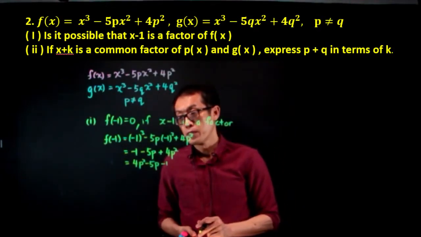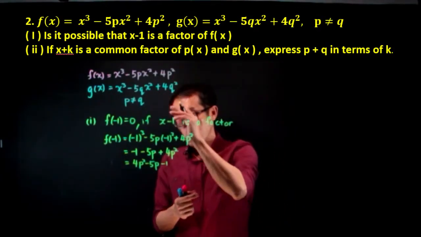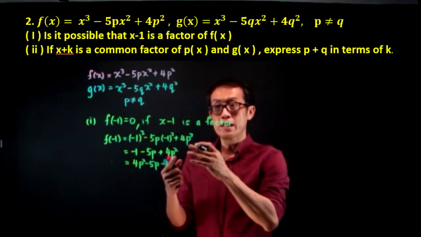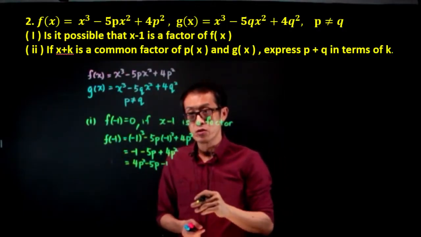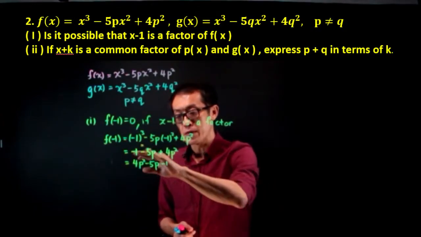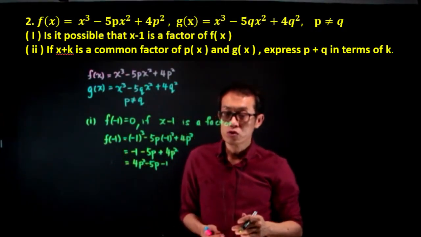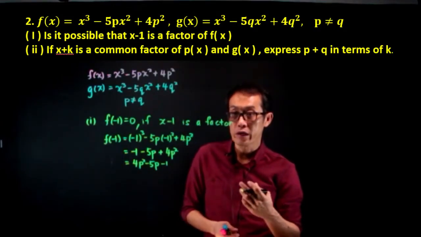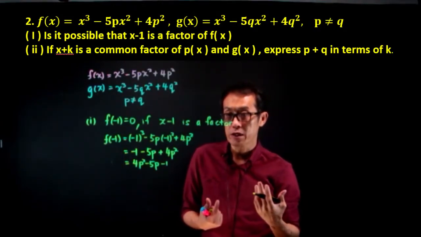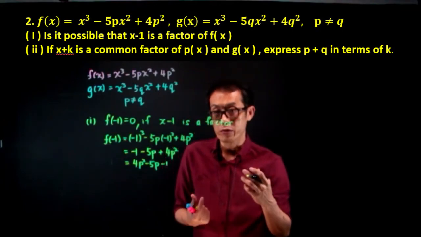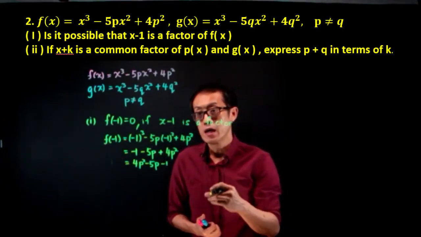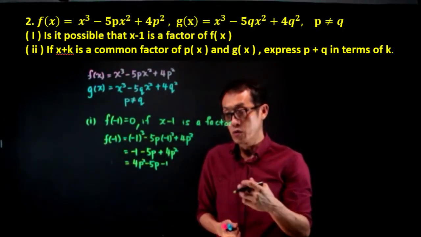Now, you want to check whether this can be equal to 0. That means you want to check whether this expression has roots. Alright, so to check whether it has roots or not, what we can do is, we learn in the chapter of discriminant, we check whether the discriminant is greater than or equal to 0.